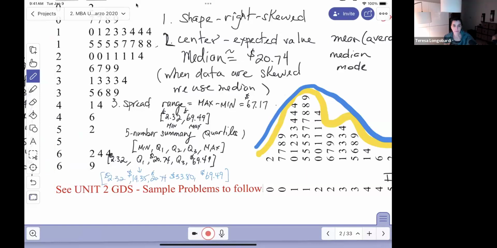All right, so that is the 5-number summary. Now, what do we do with this 5-number summary? We're going to learn more about that in this unit. But for now, I guess that's what it is. In addition to making the range of values, from here we calculate what's called the interquartile range.